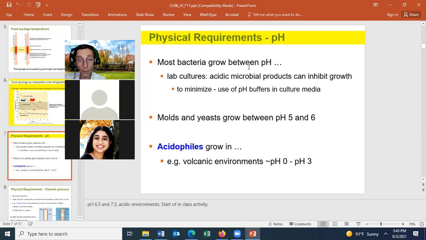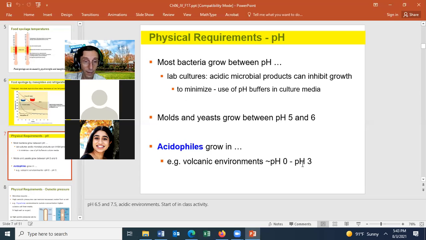Now there are organisms that prefer growing at a lower pH, like molds and yeast. They don't like growing around pH 7. They actually prefer growing between pH 5 and 6. And then there's some bacteria that grow in acidic environments, like between pH 0 and pH 3.